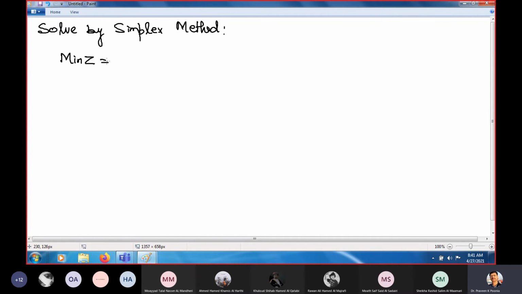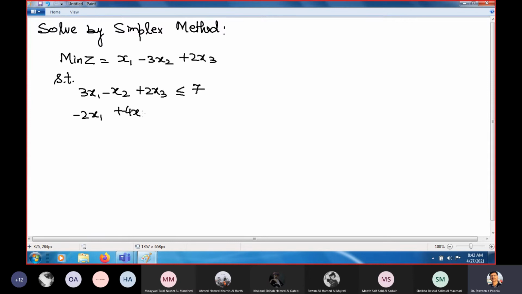Minimum Z is equal to x1 minus 3x2 plus 2x3 subject to 3x1 minus x2 plus 2x3 less than equal to 7, minus 2x1 plus 4x2 less than equal to 12, minus 4x1 plus 3x2 plus 8x3 less than equal to 10.